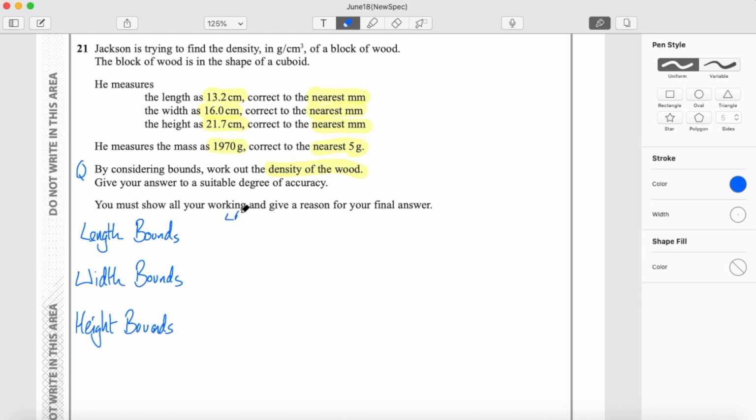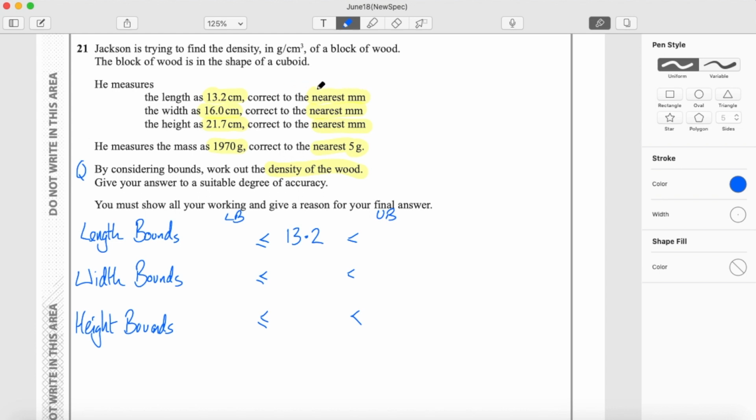We're going to have our lower bound on the left and our upper bound on the right, because remember, we can't be the upper bound, but we can be greater than or equal to the lower bound, since we always round up. So the length is 13.2, correct to the nearest millimetre.